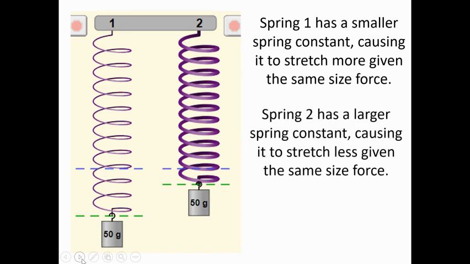Since spring 2 is more rigid and has a higher spring constant, the same size force would cause it to stretch less from its equilibrium position. So here is an example of how 2 different spring constants would result in 2 different distances stretched given the same size force.